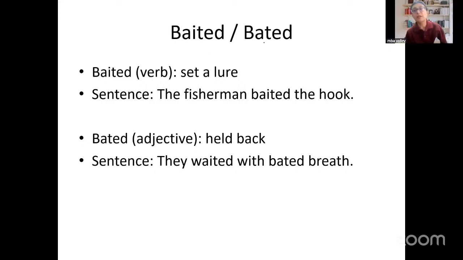BAITED, baited, and BATED, bated. So the first word, baited, BAITED, means set a lure. The fishermen baited the hook. Set a lure, meaning, we catch fish with bait, right? To catch the fish we hang bait. That is bait.